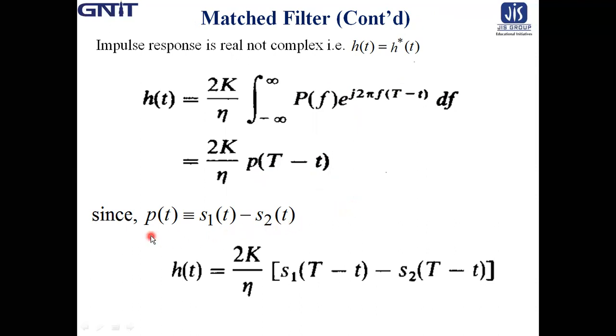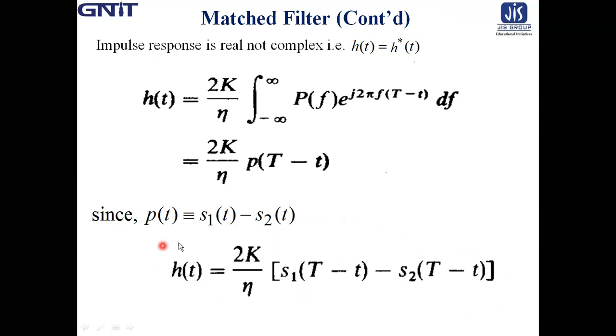Since we know that p(t) equals s1(t) minus s2(t), therefore h(t) equals 2K by eta times s1(T minus t) minus s2(T minus t). So this is the impulse response of the matched filter.